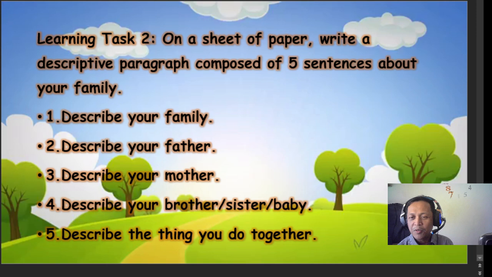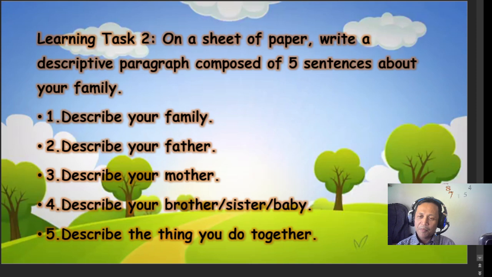So, we are a small family consisting of father, mother, and 3 siblings. My father is a hardworking man, and he provides the needs of the family. So, if you are going to describe your father, and then describing your mother would be, my mother is also hardworking.